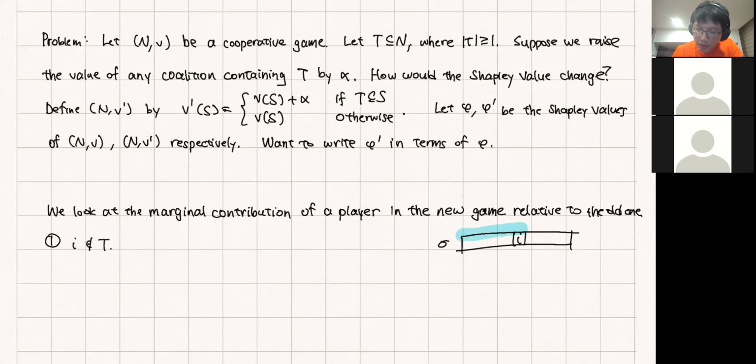We're looking at the value of everything before i plus i, including i, minus the value of everything before i.